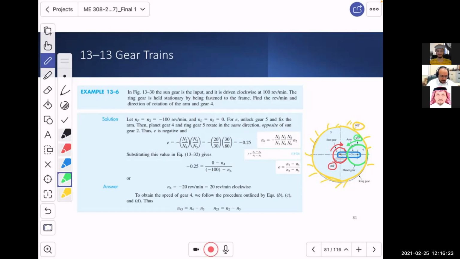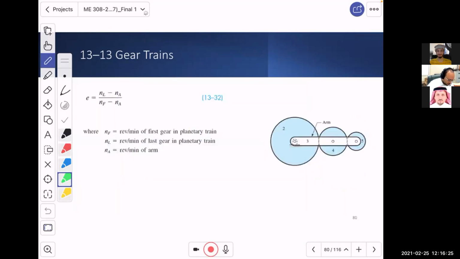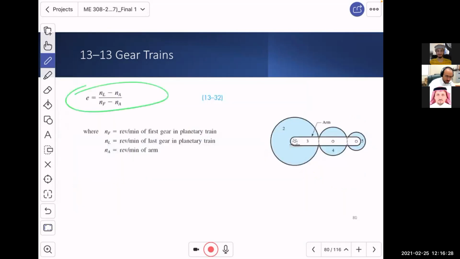We derived previously this equation, which says that E, the train value, is equal to NL, the last gear, in our case gear number 5, minus NA, the RPM for the arm, divided by NF, the first gear, which is the sun, minus NA, which is again the RPM for the arm.